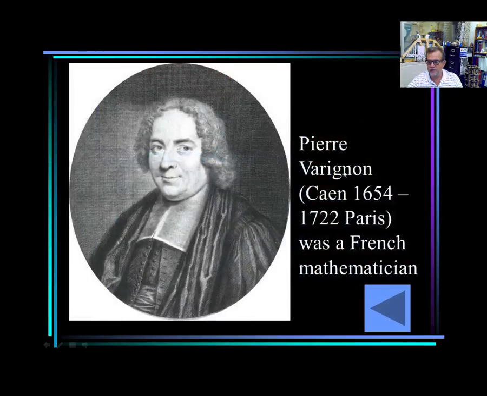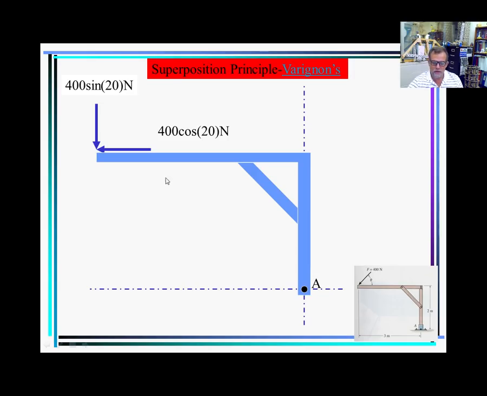He's a French mathematician, and he has several cool theorems, and one of them is the superposition principle. But Varignon has another one that is really cool. You should check it out just for curiosity, because it has to do with quadrilaterals of any shape. If you go to the center of the quadrilateral and form another quadrilateral, the area of that quadrilateral is related to the main one, but I don't want to go there right now.